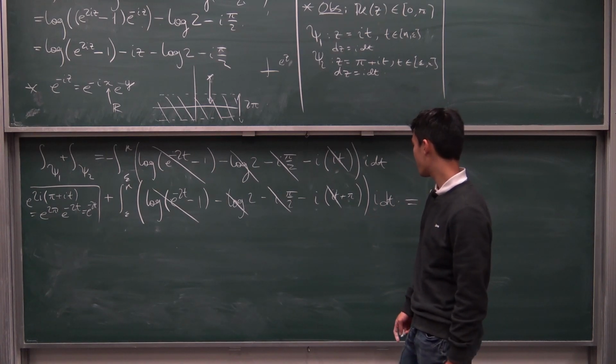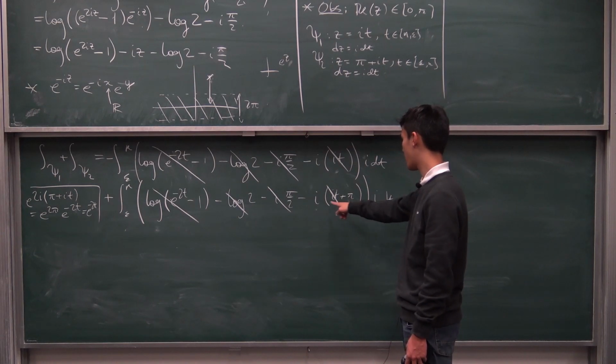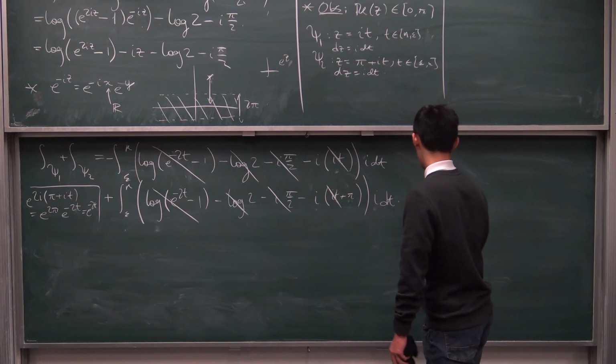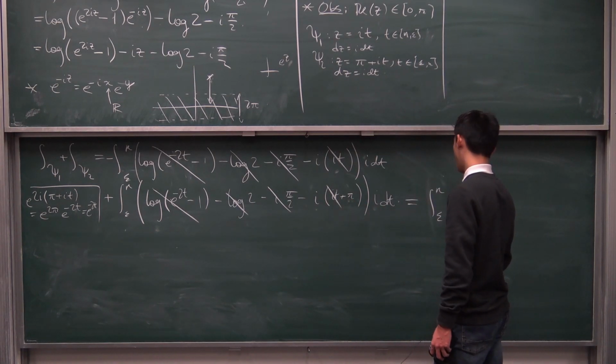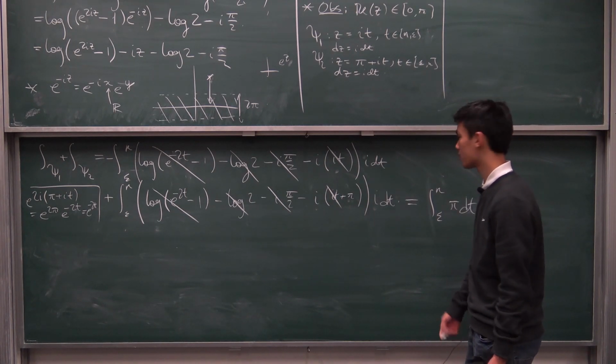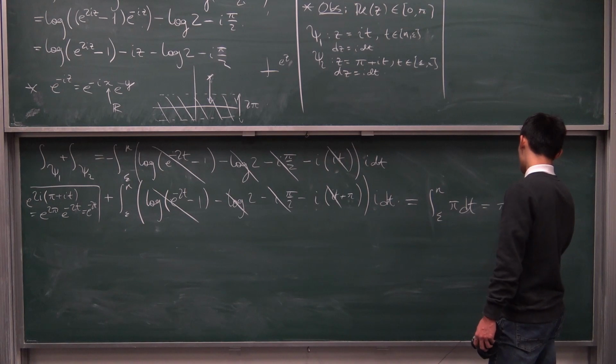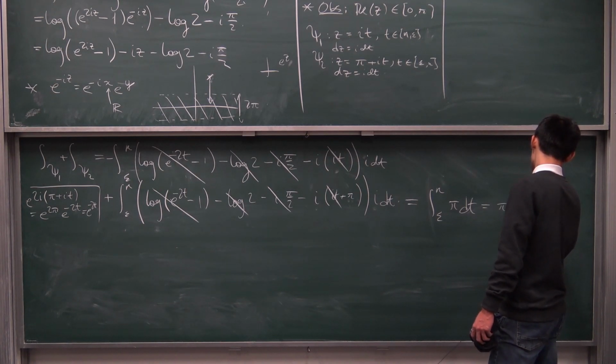That's just 1, I believe. So let's make sure our arithmetic is right here. Negative i pi times i, that's exactly pi. And then we have a dt. So if you integrate this guy, that's really quite easy. That's just going to be equal to pi times n, and then minus pi times epsilon.